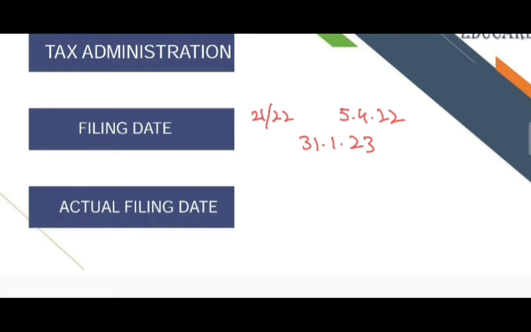Actual filing date means the date on which the return is actually filed and submitted, when the taxpayer has actually submitted his return. Again, the filing date is 31st January following the end of the tax year. So if our tax year ends on 5th April 22, 31st January 23 is the filing date.